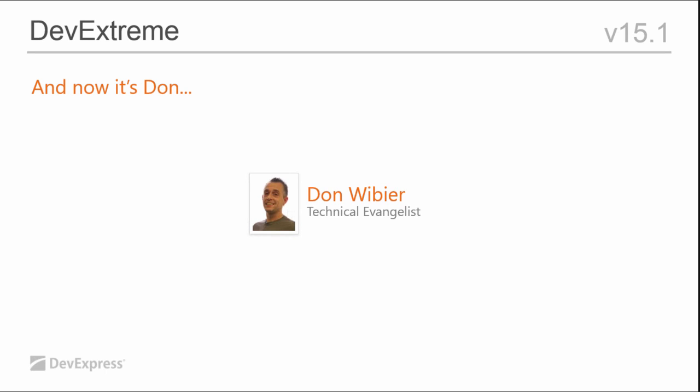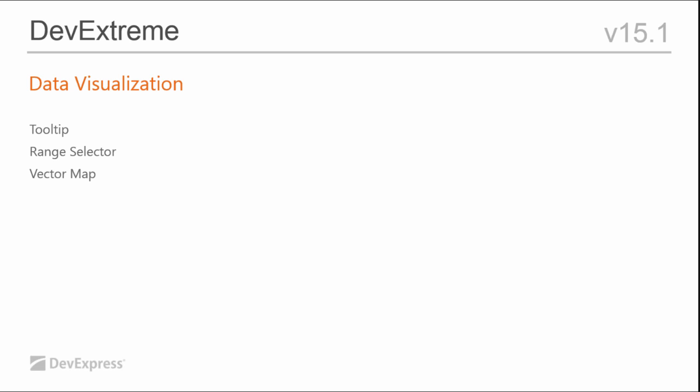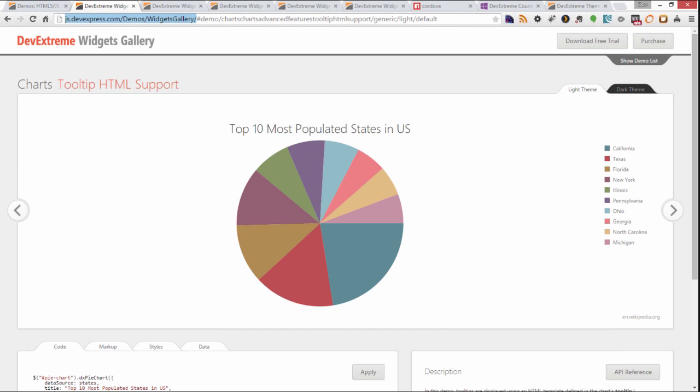I will start with the data visualization controls. We have been doing some improvements on the charts, and especially the tooltip. And let me show you a little demo, because what we have done, we have been adding HTML support inside the tooltip.